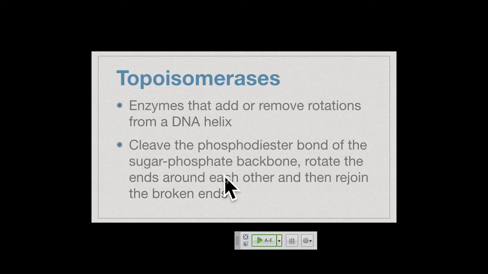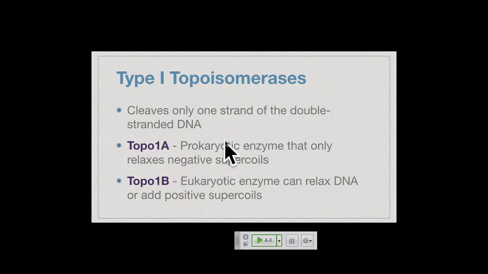And while the enzyme is still bound to the DNA, it passes one strand around through the enzyme, back around, and reforms the phosphodiester bond. By doing that, it's changing the number of rotations on the molecule and thereby changing the superhelicity of the molecule. Mainly I want you to understand that topoisomerases are there to change the level of superhelicity, either by putting in negative supercoils or positive supercoils, whatever's needed.